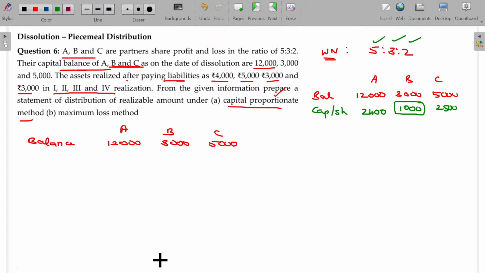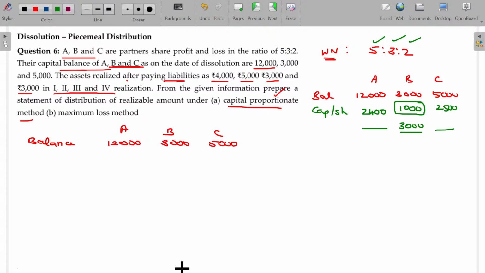Assume I ask A and C also to contribute capital as per B's sharing value. B has invested 1,000 rupees per share for 3 shares. 3,000 rupees should be invested. Of course, he has invested only 3,000.